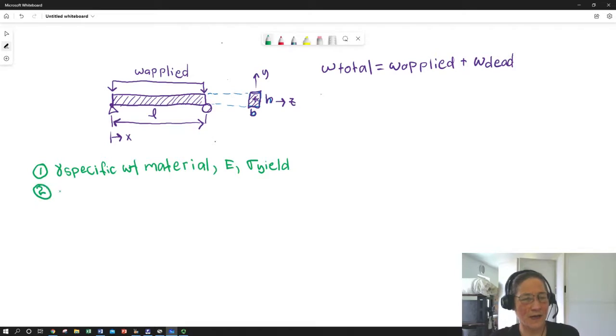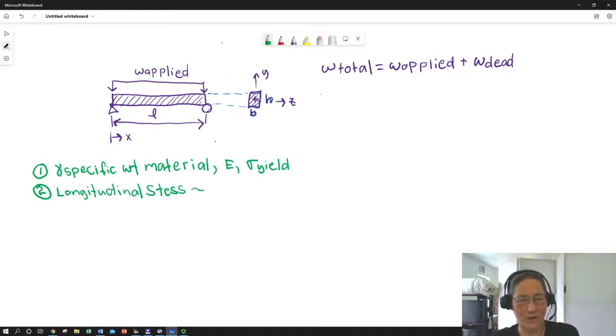So we can look at our longitudinal stress. Again, that's the stress sigma x that is due to flexure, due to the applied moment.